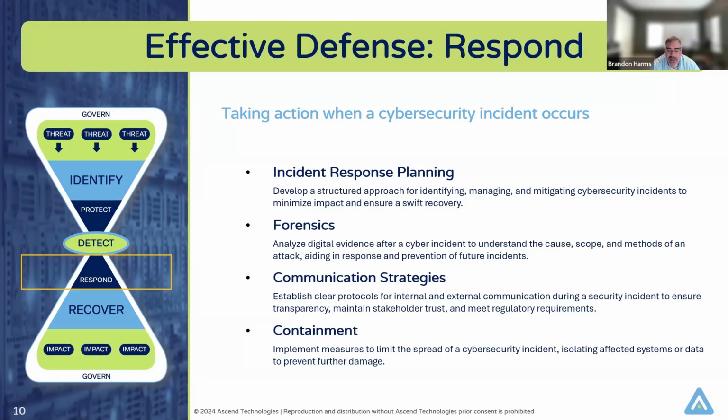What needs to happen? When does it come to a point where we need to bring in third-party incident response or contact the FBI or notify our shareholders or the SEC in some cases, right? So having all these plans in place and then testing them is important for the response capability.